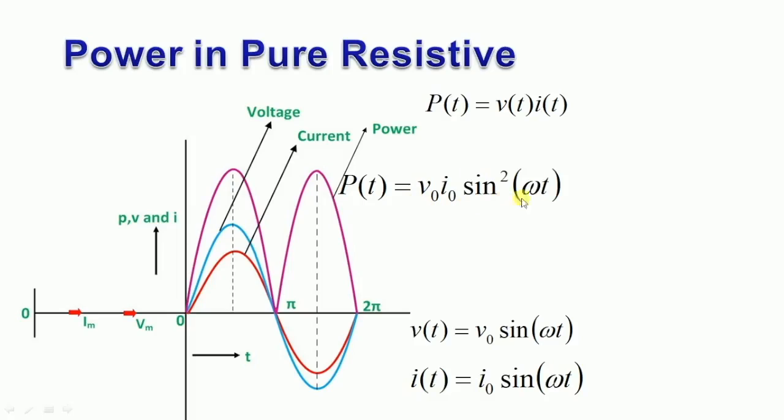So the sine square function can be represented by this pink line. This pink line is indicating the power, and as this is a square function, we have power always positive. In the first half cycle, power delivered is positive, and in the negative half cycle, again the power delivered is positive.